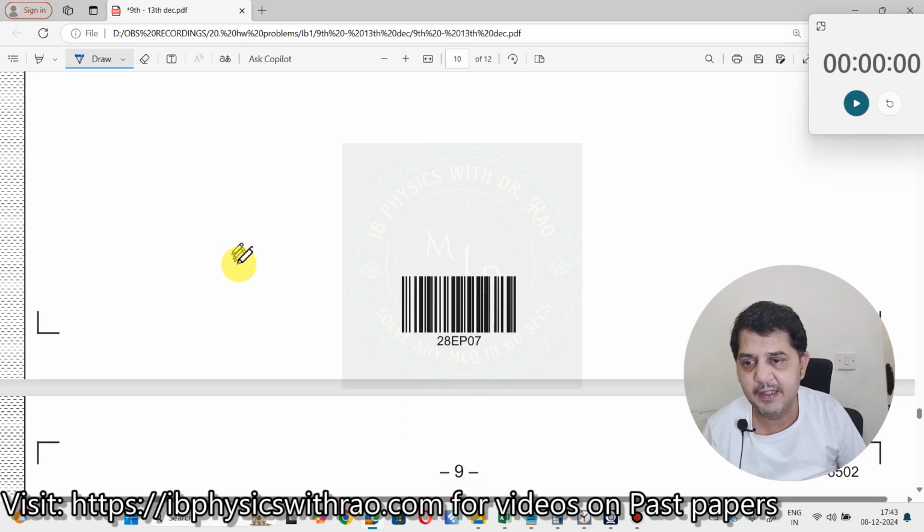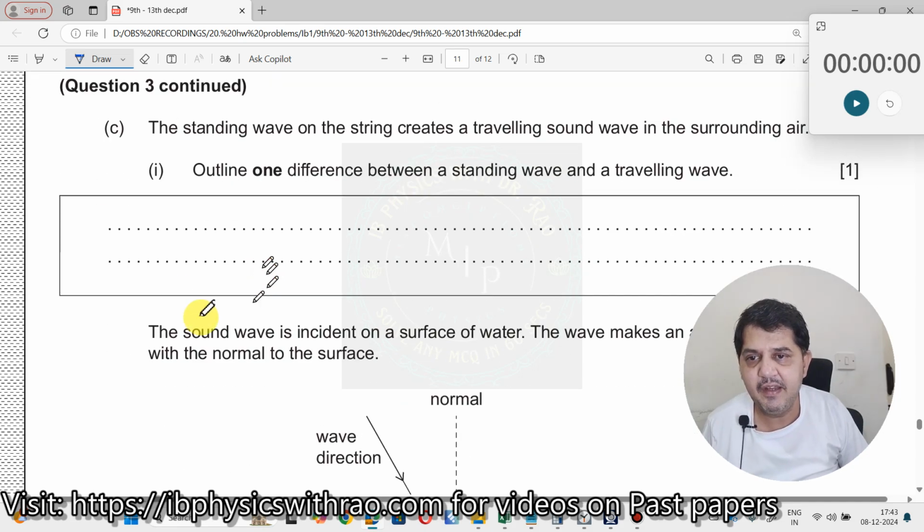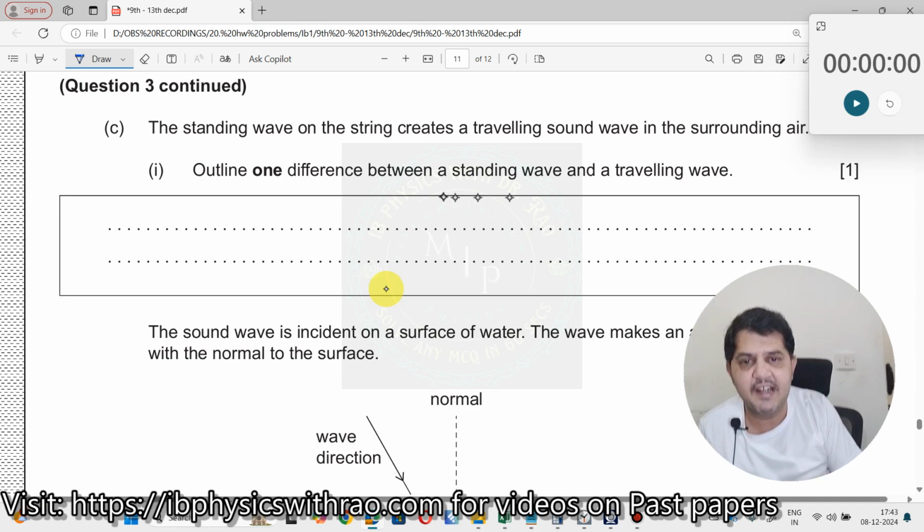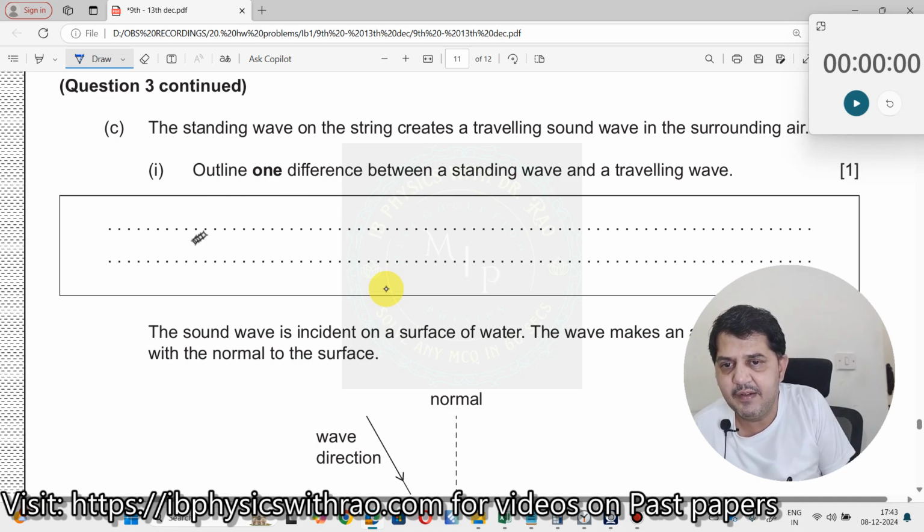Next. The standing wave on the string creates a traveling wave in the surrounding air. So it is like a guitar string. It starts vibrating like this, and as a result it creates a sound. Outline one difference between a standing wave and a traveling wave. Yesterday in the class also we saw this standing wave. What does a standing wave do? A standing wave traps the energy, right?